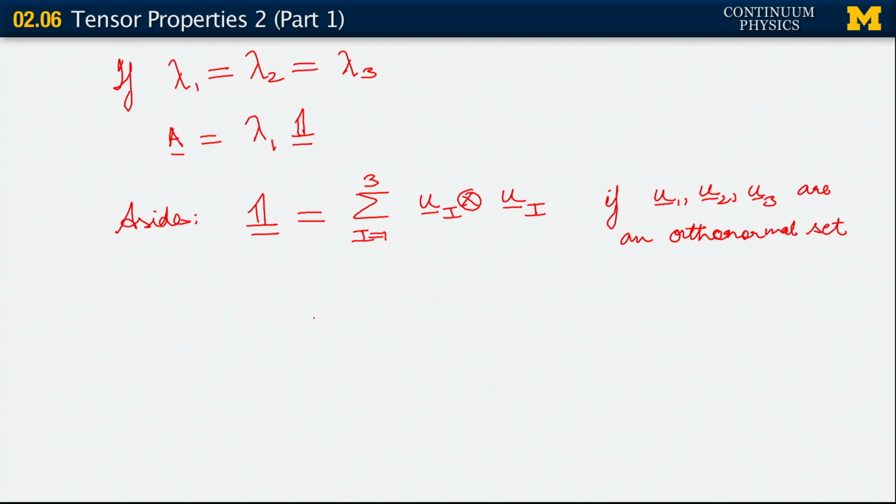Okay, in particular, this tensor 1 is in fact E1 tensor E1, well, it is just E_i tensor E_i, where the I index is repeated and therefore a sum is implied on it. Okay, this is again a very useful property that we will use many times.